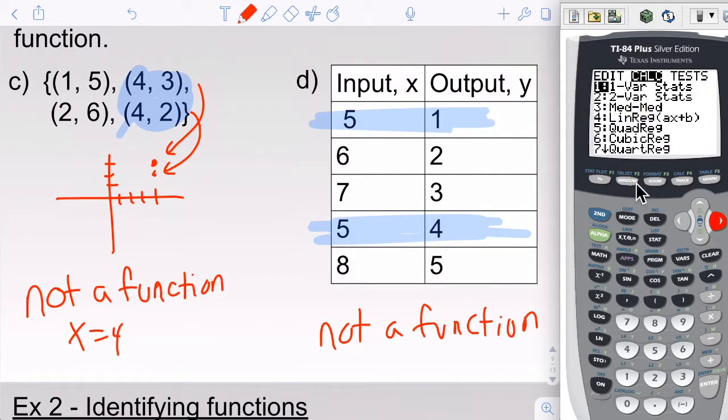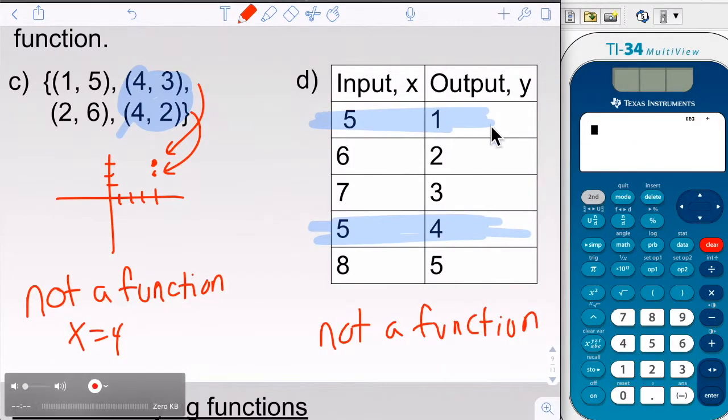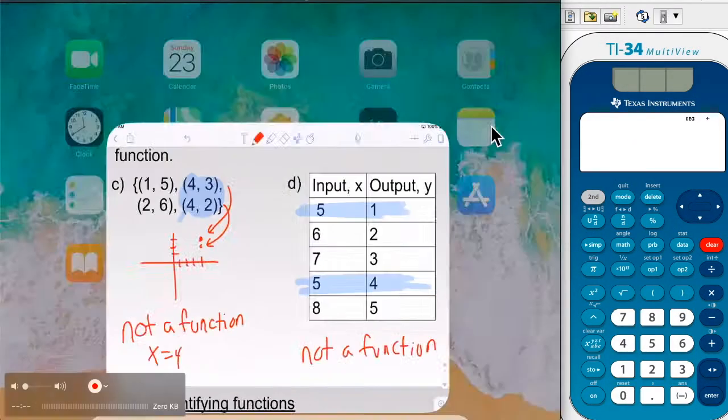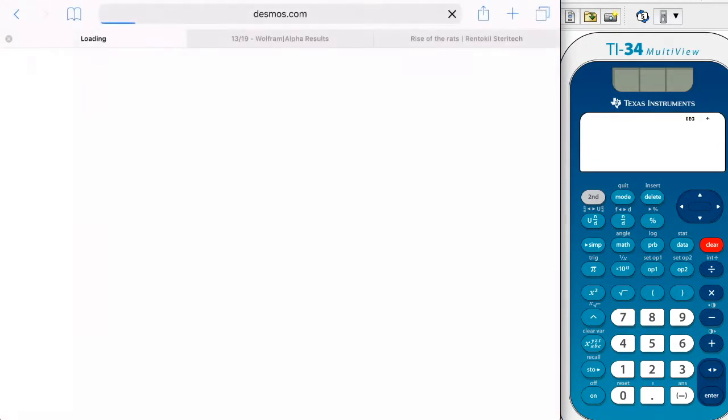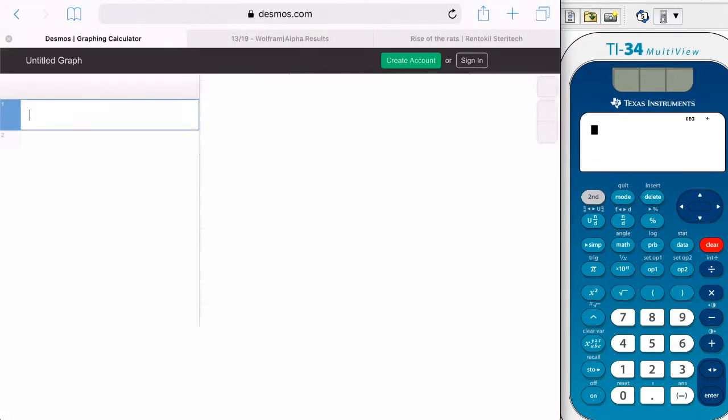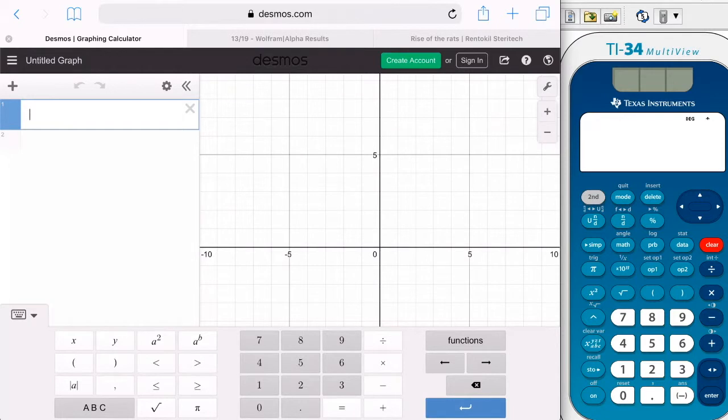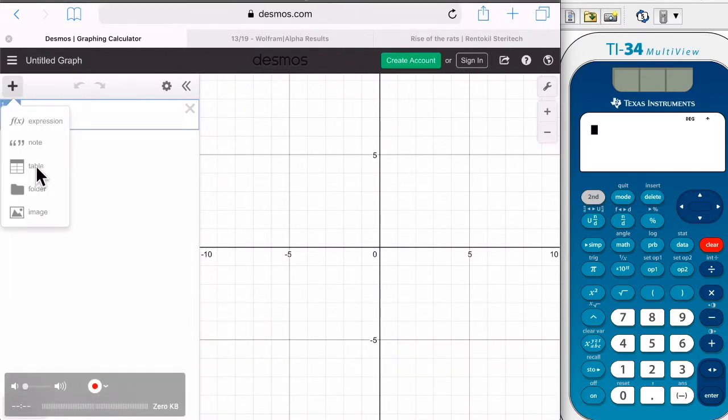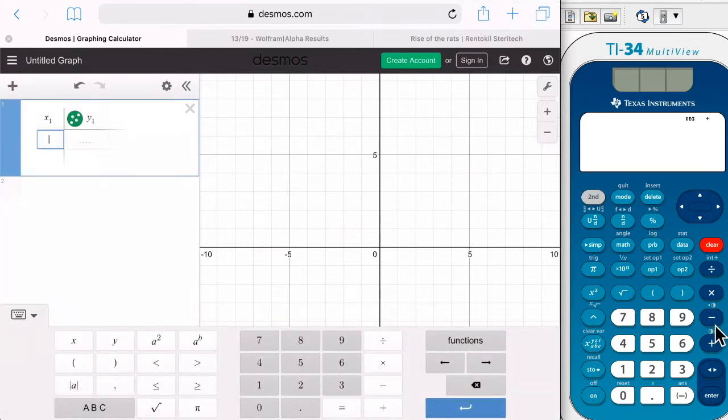Another option would be, not with this calculator, but with something more like Desmos. I could take out Desmos. I could add in a table. This one I know how to do. Add a table. And I can type those same values.